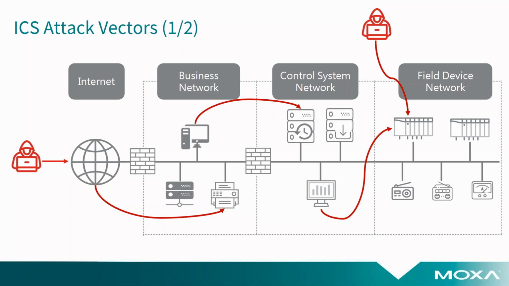Then from there, it will make its way into the control system, and then down to the field device. This is a very good example, where I mentioned early on one of the Ukraine attacks, where you basically see this particular attack vector being utilized to gain access to the other side of the OT network.